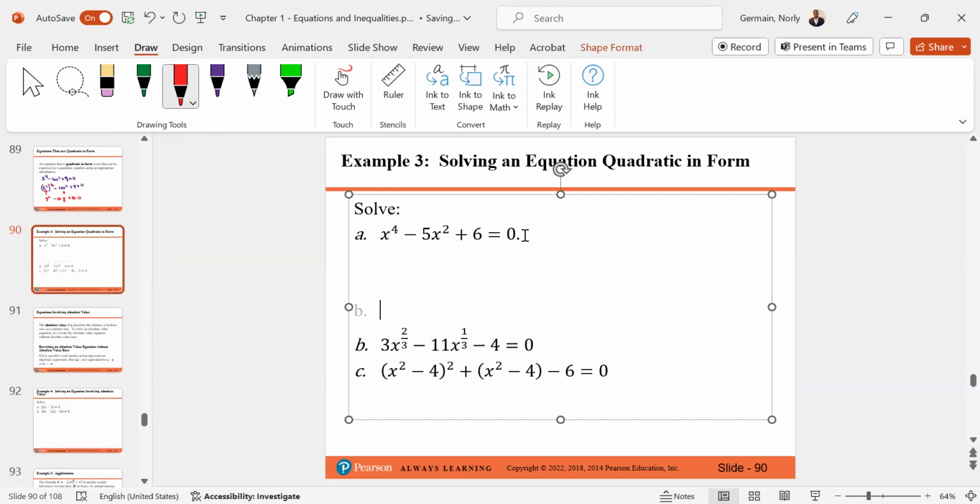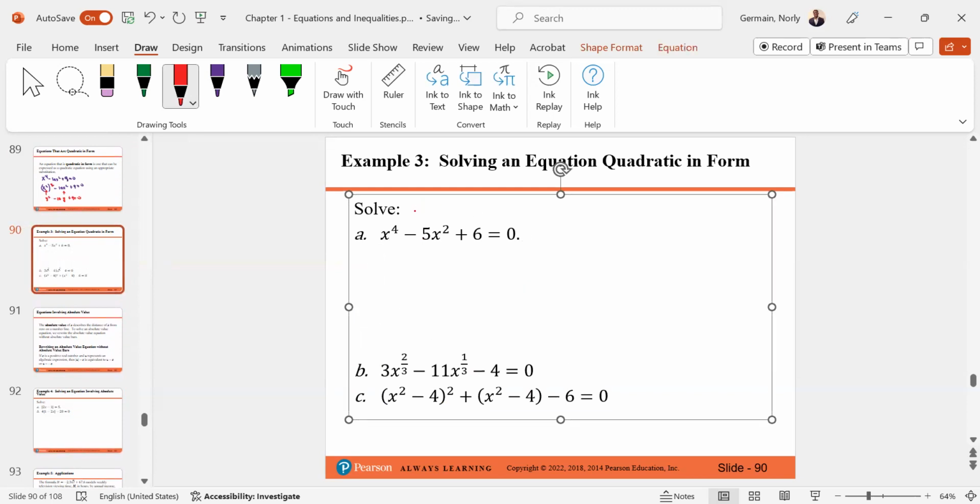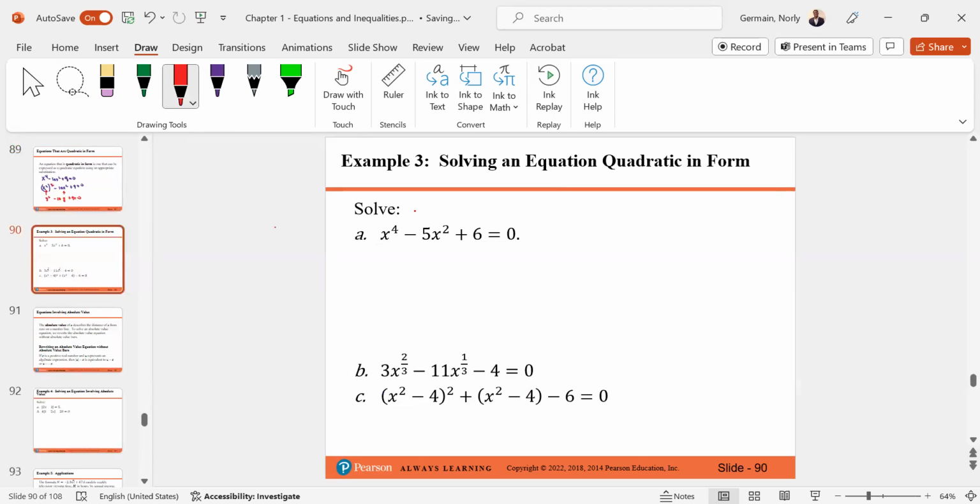Look at this one. First of all, we can rewrite the equation as x squared power 2 minus 5x squared plus 6 equals 0. If you let u equal x squared, then you can rewrite it as u squared minus 5u plus 6 equals 0.